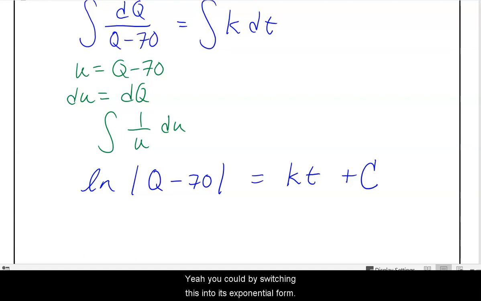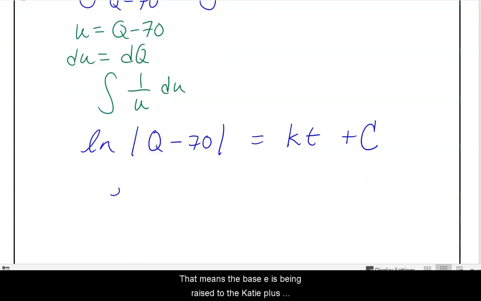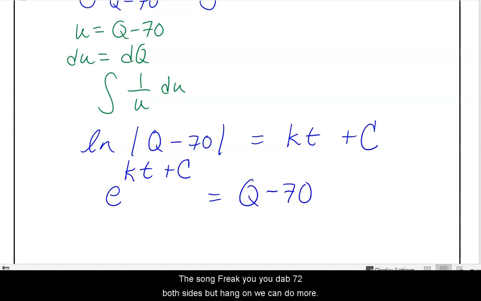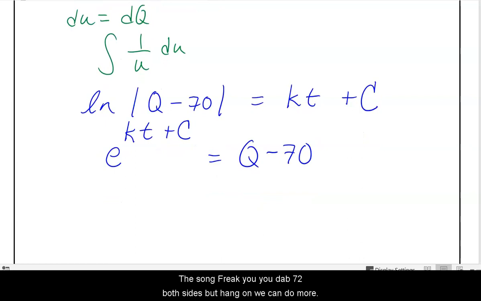Yes, you could by switching this into its exponential form. Let's take a look at what that would look like. That means the base e is being raised to the kt plus the constant power, and it's equal to q minus 70. To solve for q, you'd add 70 to both sides.